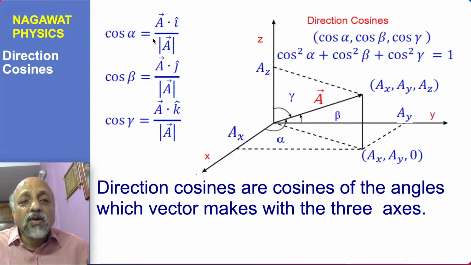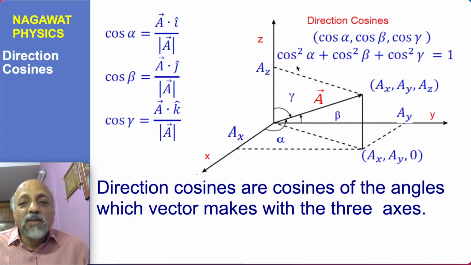These angles alpha, beta and gamma are the angles which the vector makes with the axes, and the cosines of these angles are known as direction cosines. It can be very easily shown that when you add the squares of the direction cosines you get 1, which means cos square alpha plus cos square beta plus cos square gamma equals 1.